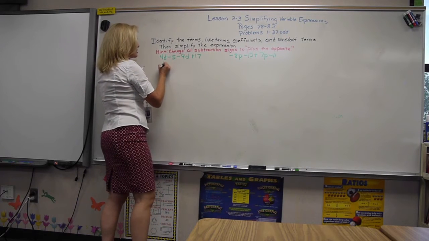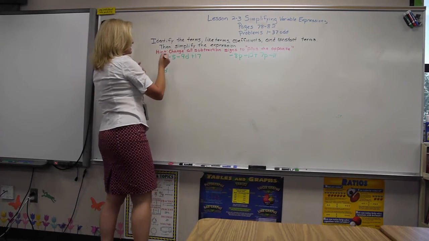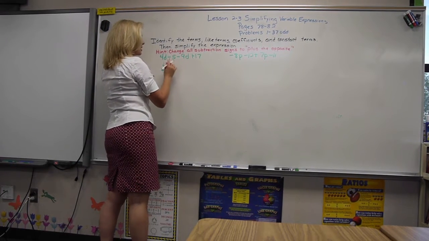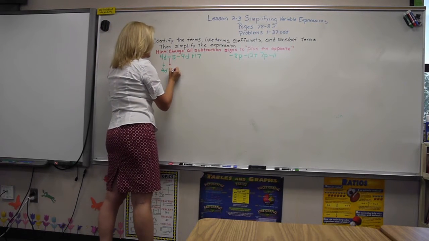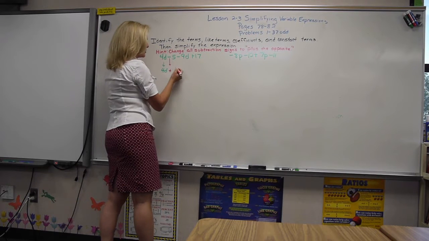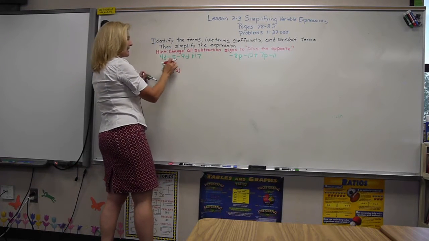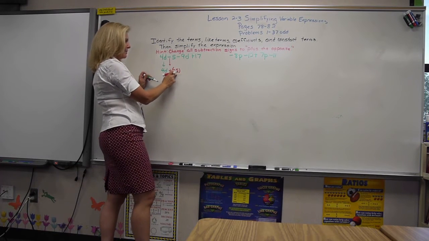So 4D is just a positive number, so I'm going to leave that as 4D. But I see a minus, so I'm going to change that to plus, but whatever follows that minus, I have to change to the opposite. So right now that 5 looks positive, so now I'm going to change that to a negative 5. So I can see that that 5 was never really positive, it was actually a negative number.